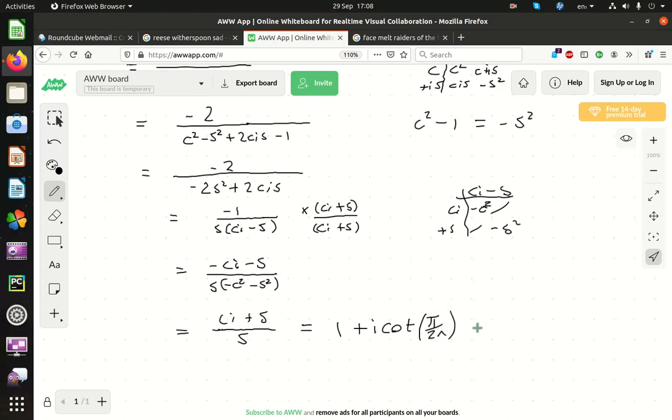The s divided by s gives me the 1, and the ci divided by s, well, remember, c was cos of pi over 2n, and s was sine of pi over 2n. And so what we've got there is cos of pi over 2n divided by sine of pi over 2n, which is cot of pi over 2n, which is why it's 1 plus i cot pi over 2n.